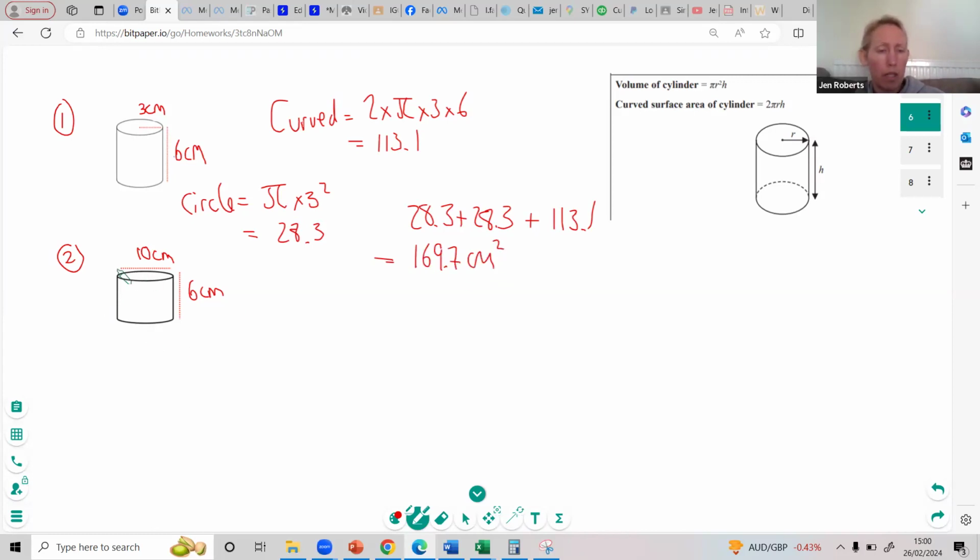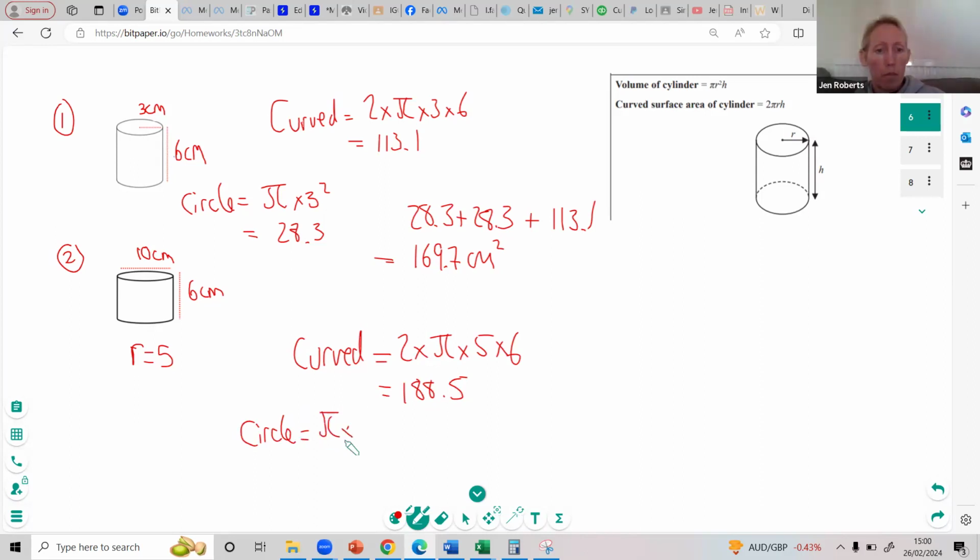And let's look at this last one. Again, you're given the diameter, so let's make a note of this. Radius is 5. So for your curved bit, 2 times pi times 5 times 6 gives you 188.5. Your circle, the area is pi times r squared, pi times 5 squared, 78.5.